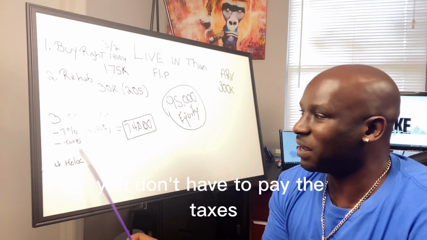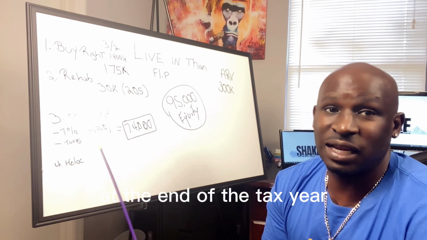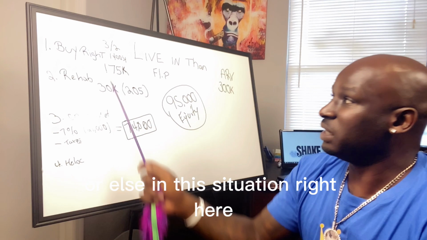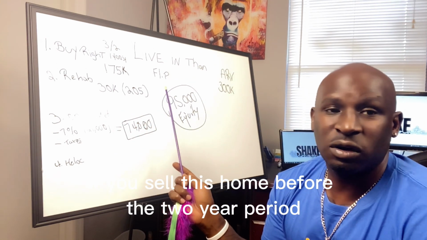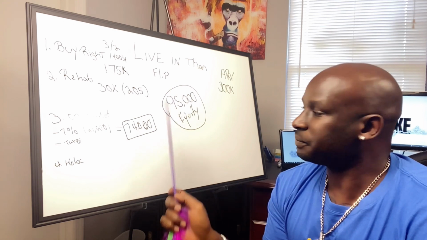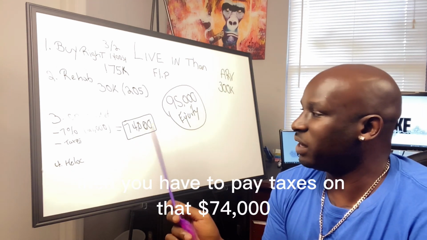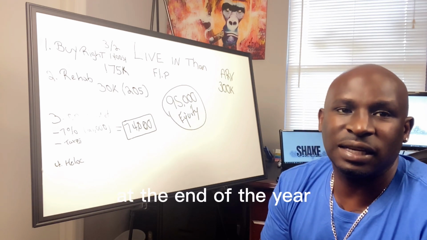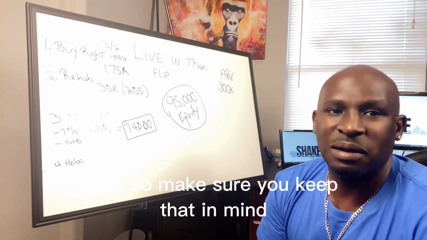You don't have to pay the taxes. I mean, you walk away with that $74,000 at the end of the tax year. Or else, in this situation right here, if you sell this home before the 2-year period, then you have to pay taxes on that $74,000 at the end of the year. Okay, so make sure you keep that in mind.